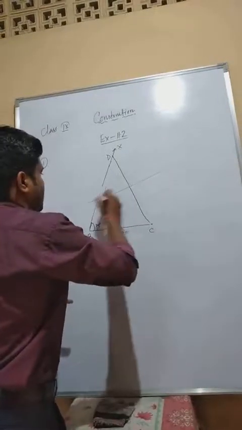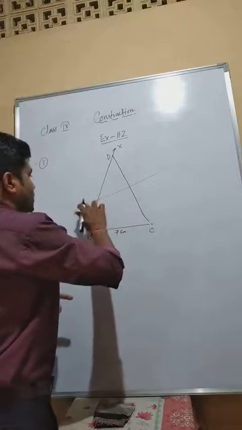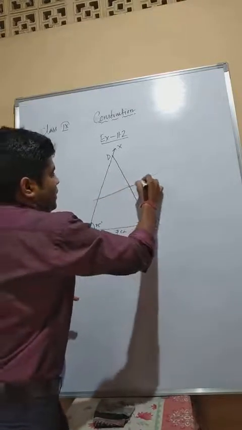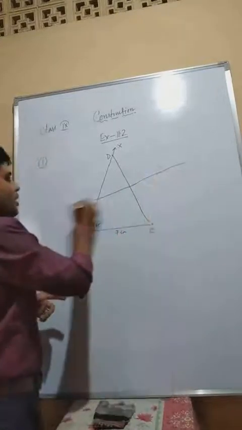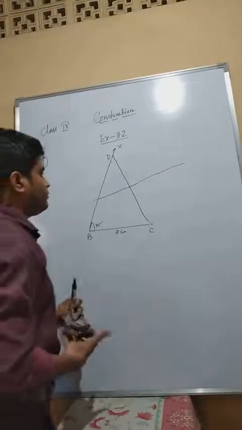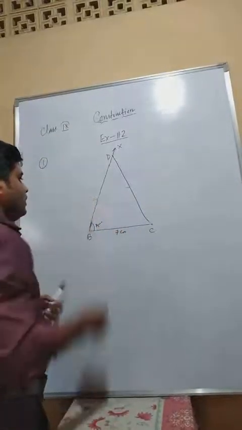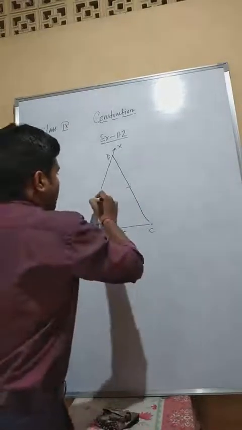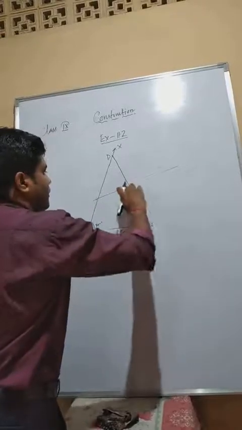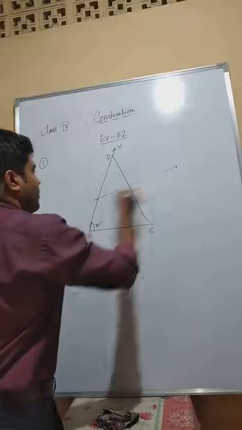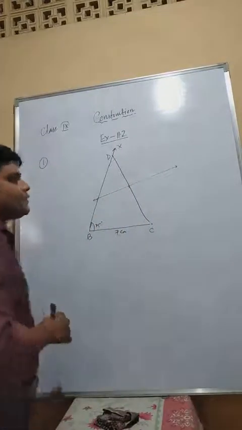Say this line is the perpendicular bisector of CD.